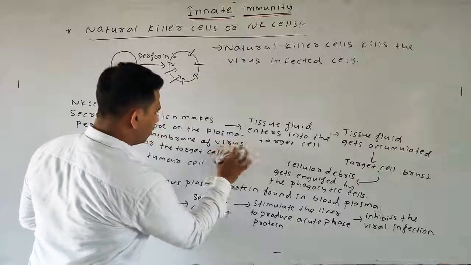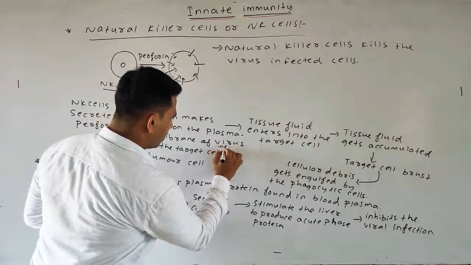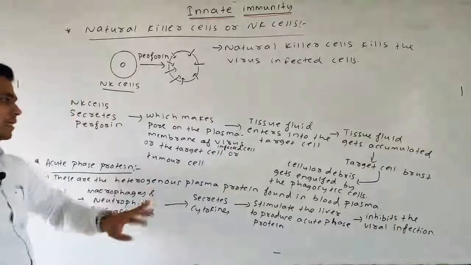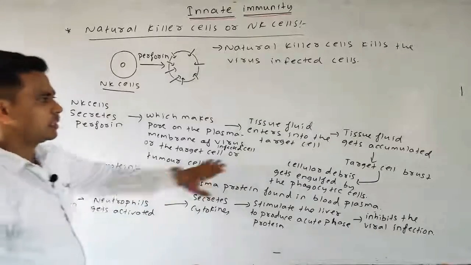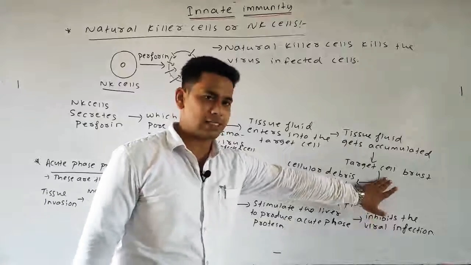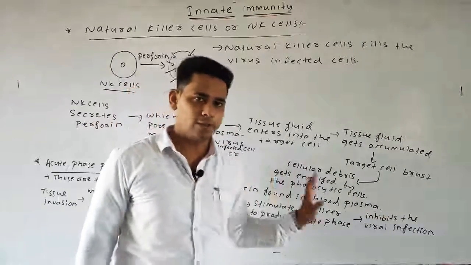This one is simply virus infected cell, or the target cell or the tumor cell, by which the tissue fluid enters the target cell and the tissue fluid gets accumulated. Lastly, the target cell bursts and the cellular debris gets engulfed by the phagocytic cells.